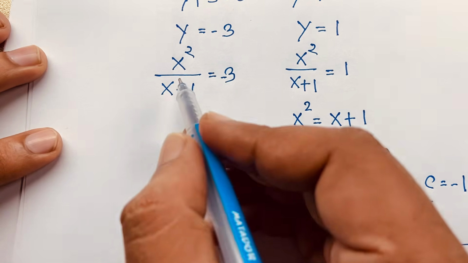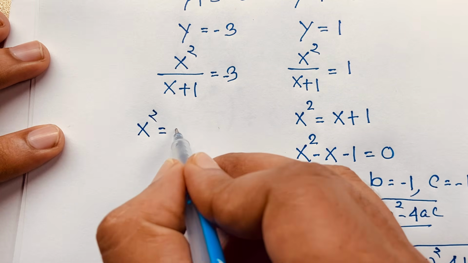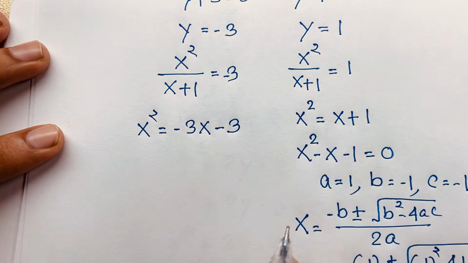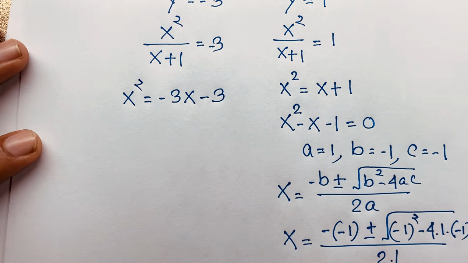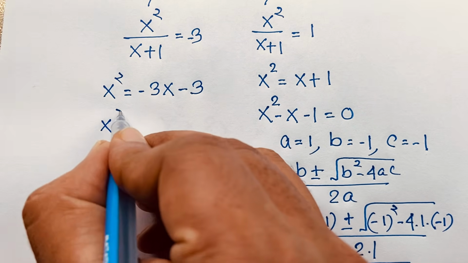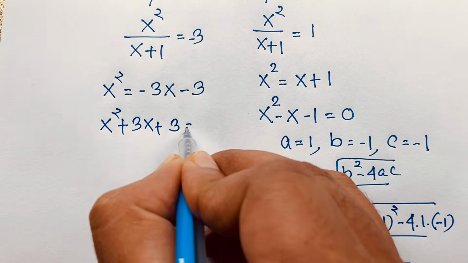But the other case is x to the power 2 is equal to 3 times x minus 3x, 3 times 1 minus 3, then we find a nice quadratic equation. So you can see easily this is x to the power 2 plus 3x plus 3 is equal to 0.